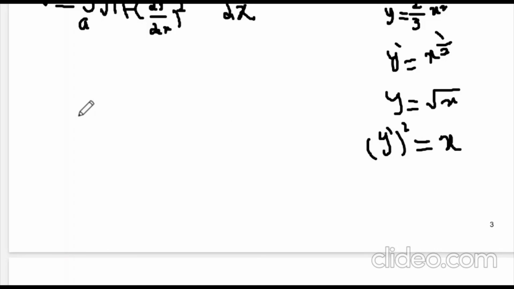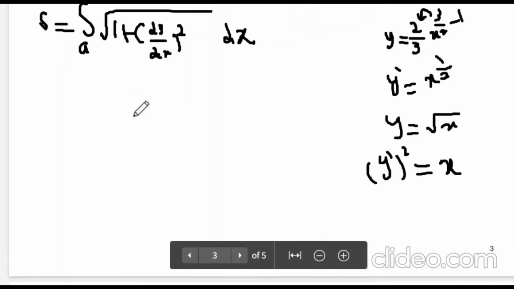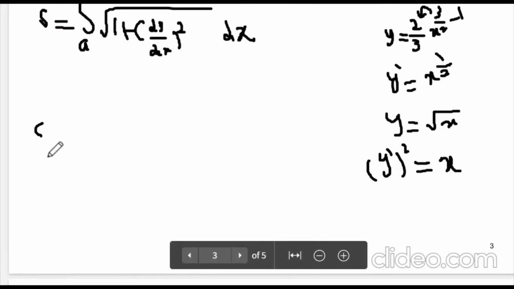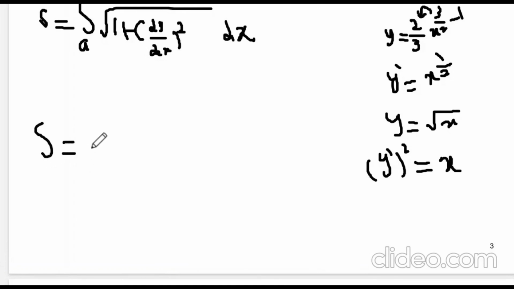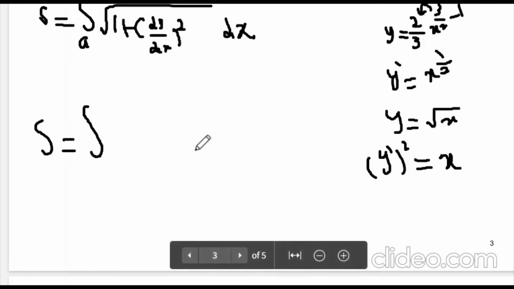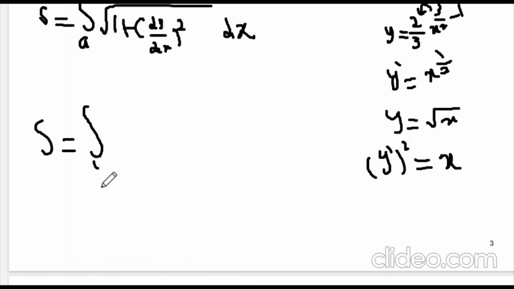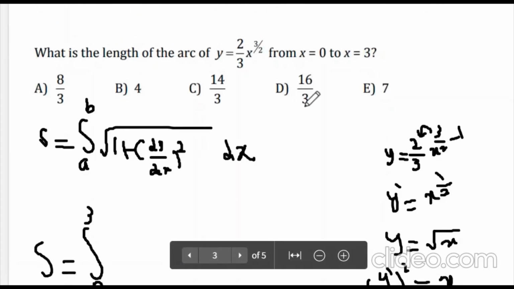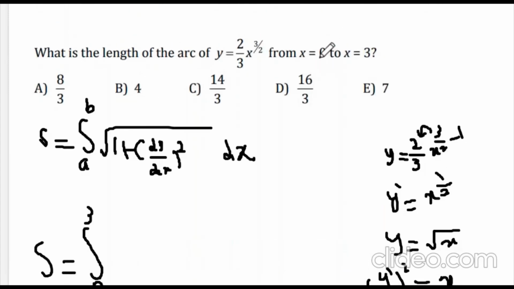And now I'm going to do it the same as the formula. So the arc length equals the definite integral from 0 to 3. How did I bring 0 and 3? As we can see here, x equals 0 is a, and x equals 3 is b.